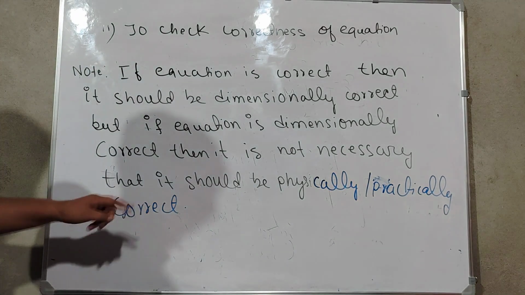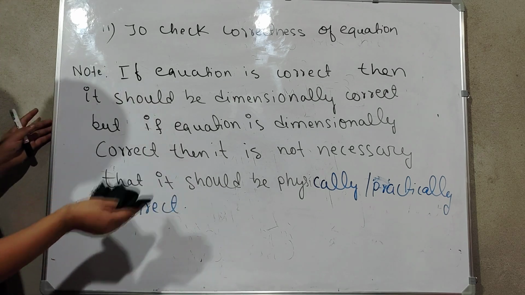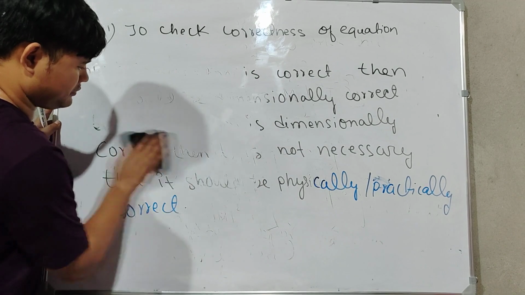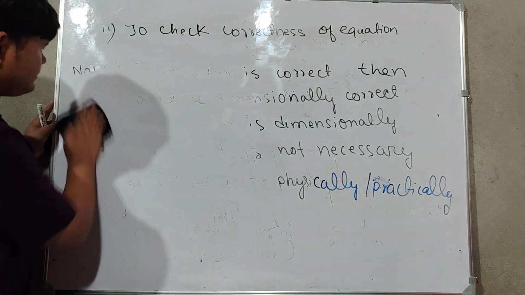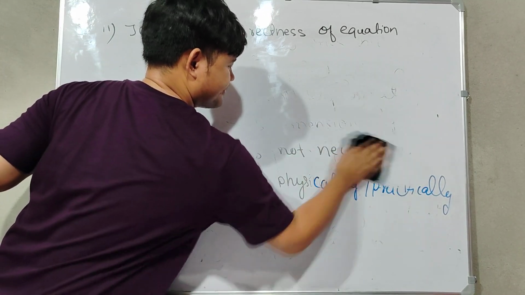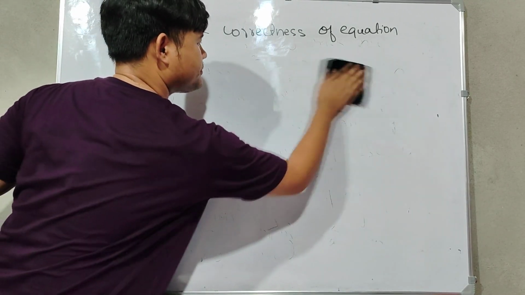So you write it down. Now we will check the correctness of another formula. Then let's check the correctness of another formula.